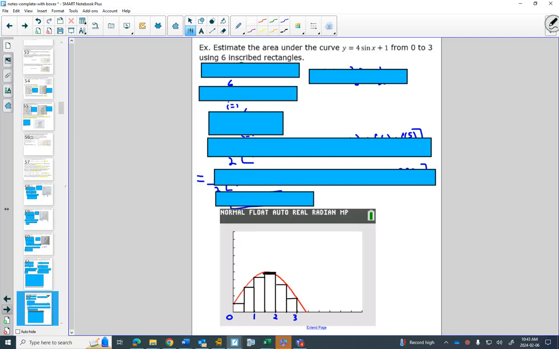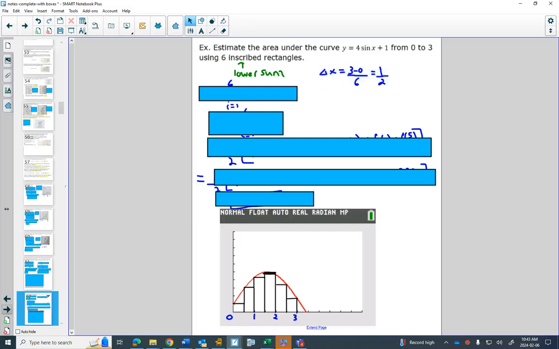There we go. That would be the inscribed rectangle there. So the base of each of those rectangles is going to be 0.5, 1/2. And we want to add up those sums.